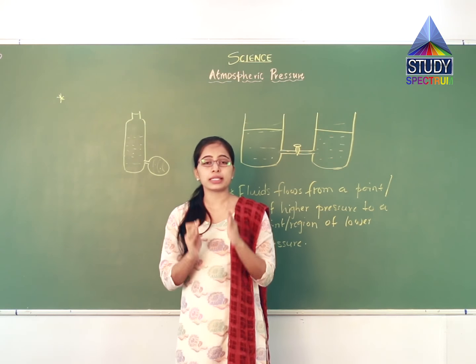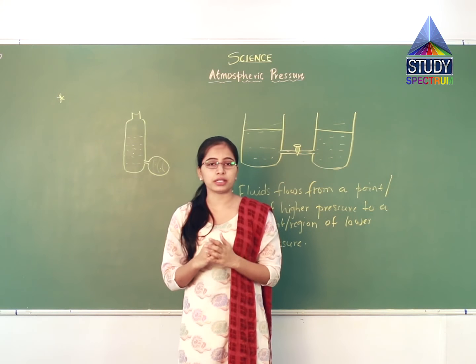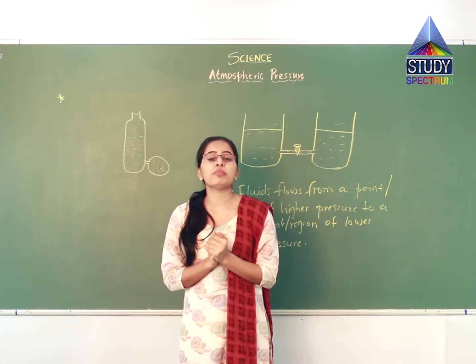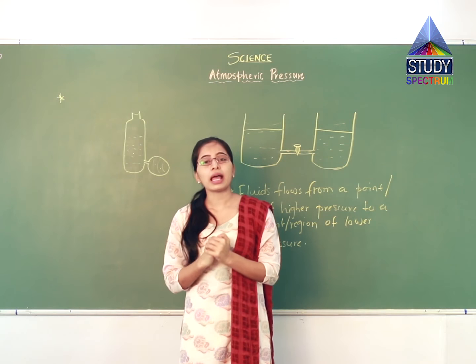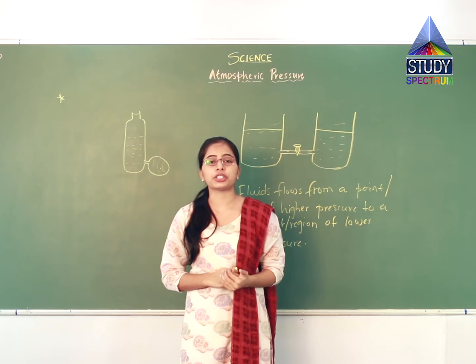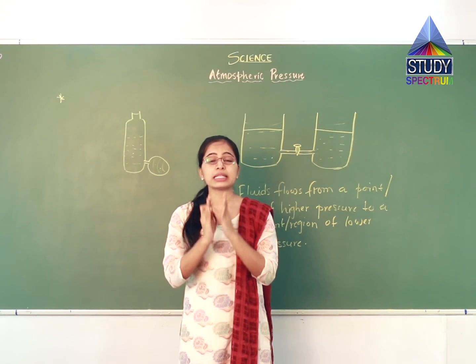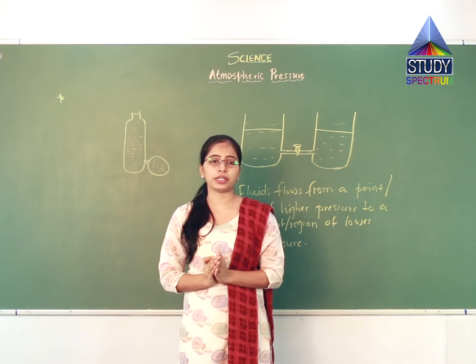Because of this mass and volume, they have some density, and these particles are exerting pressure on us as well as all the objects around us. So this pressure applied by the atmosphere is known as atmospheric pressure.